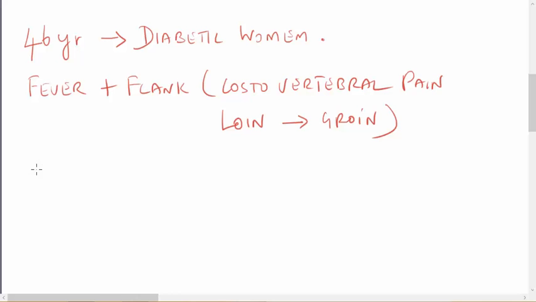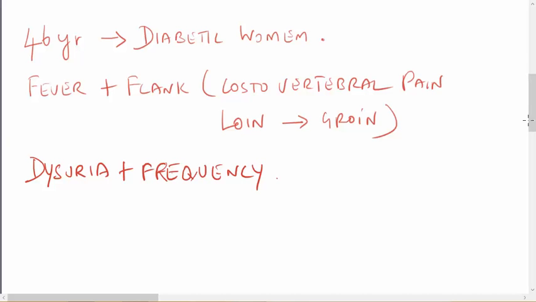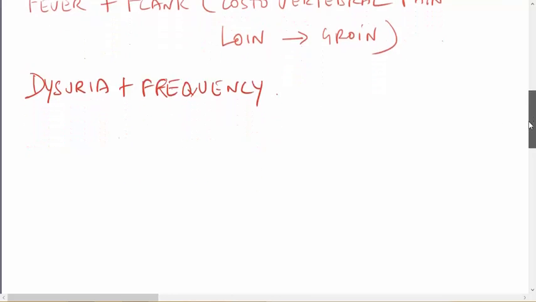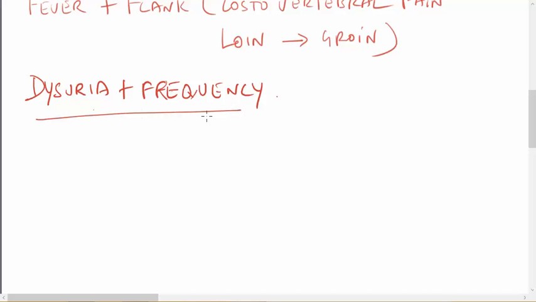And the patient has dysuria plus frequency. Frequency means she gets a urine feeling and urine drops come out. Understand? So frequency of urine.